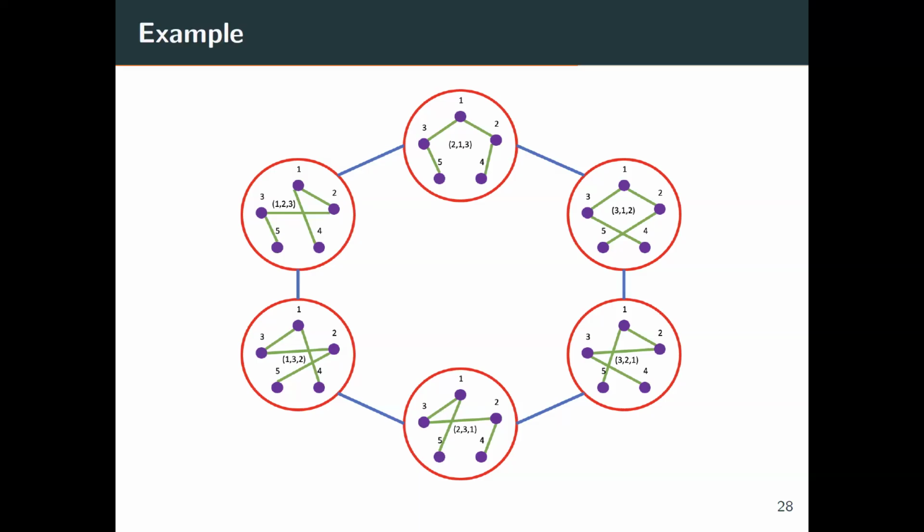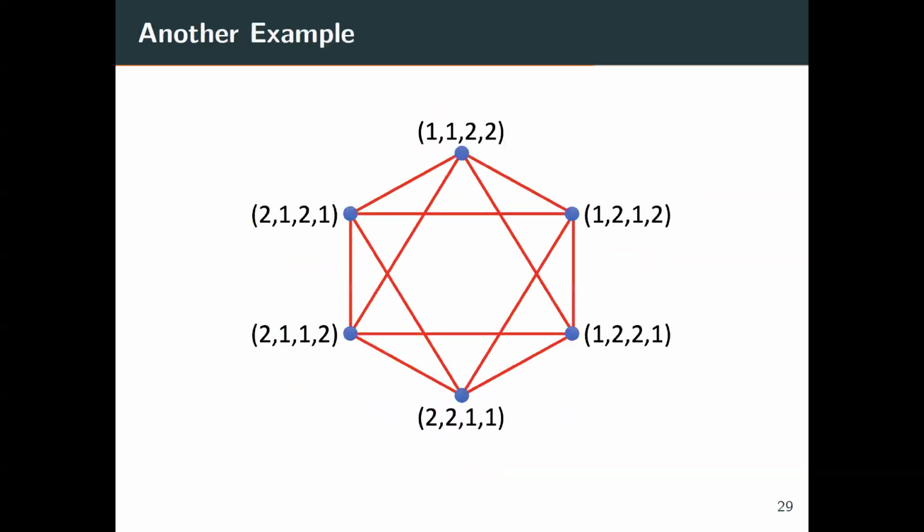So this is the graph. For example, in the top right tree, we can see that we swapped labels 2 and 3 to obtain the topmost tree. So we do that for every vertex, and this is the Prüfer sequence graph. Here's another example. Here is the double star.